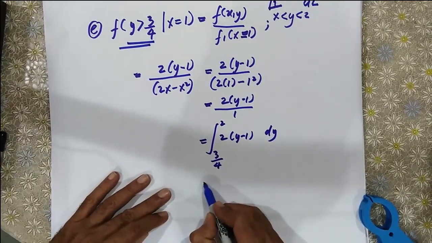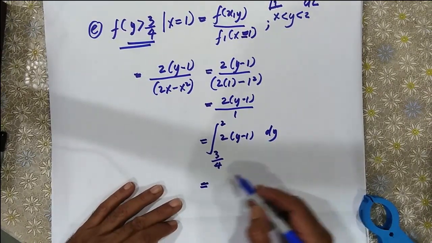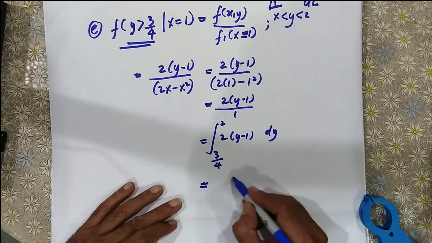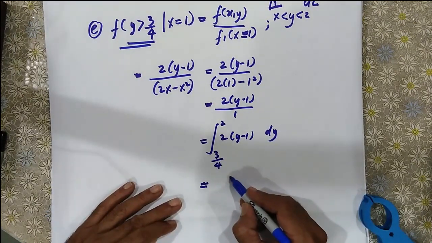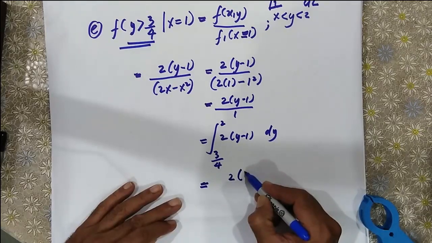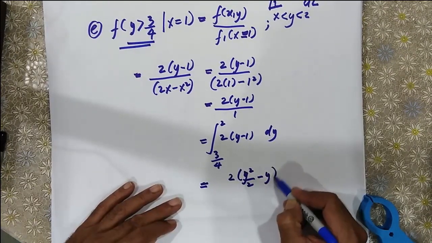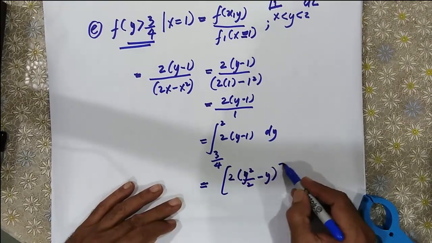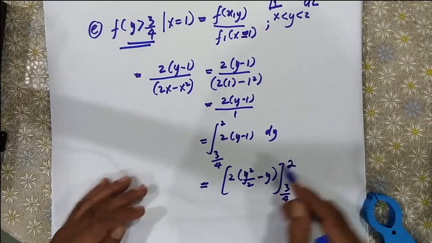If you integrate this one, you will get y squared minus y, substituting 3 over 4 and 2.